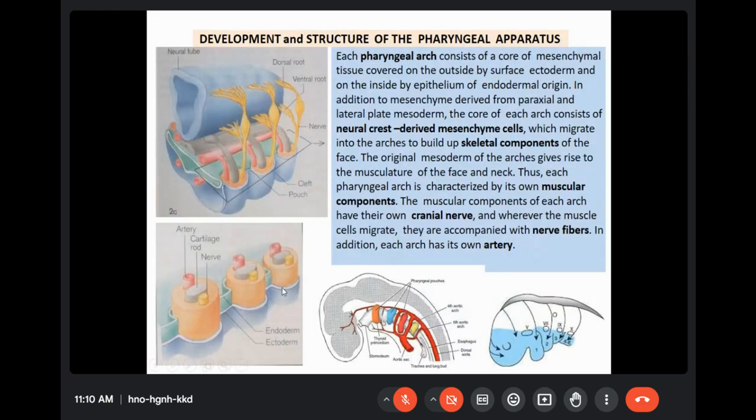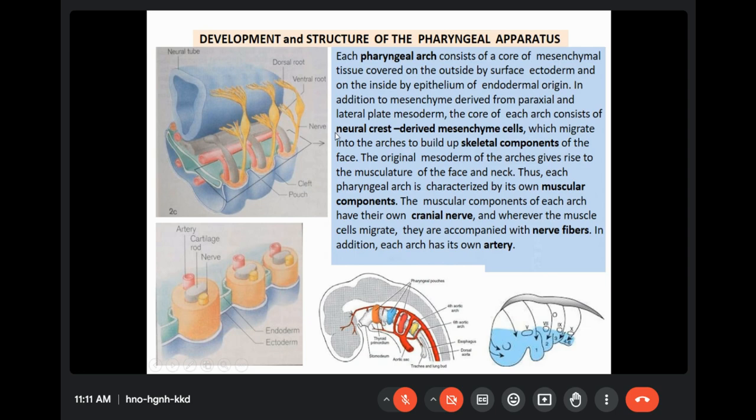So each pharyngeal arch, as you can see here and here, consists of the mesenchyme, and it is separated by the pharyngeal cleft and pharyngeal pouch. So inside every pharyngeal arch we see the nerve which grows from the neural crest and also blood vessels.